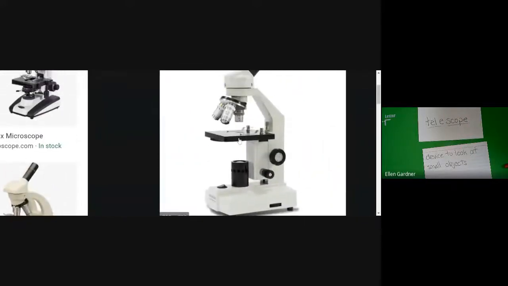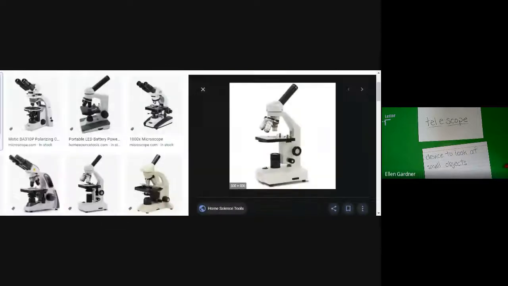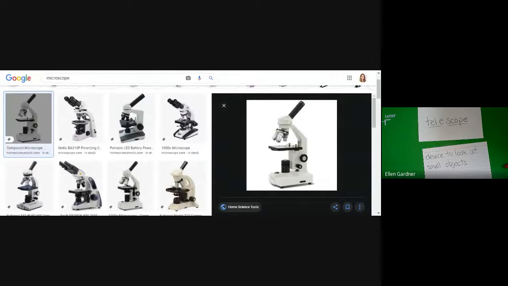And you would put whatever it is that you're looking at right here, and it zooms way, way, way in so that you're able to actually see what it's like. Because there are certain parts of the study of biology that are too tiny for us to really see the details of unless we zoom way in.